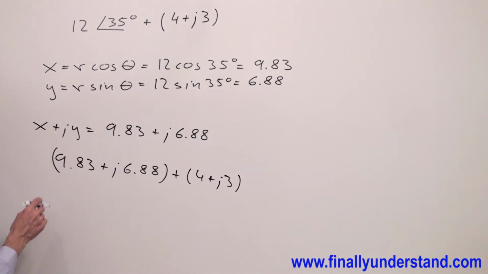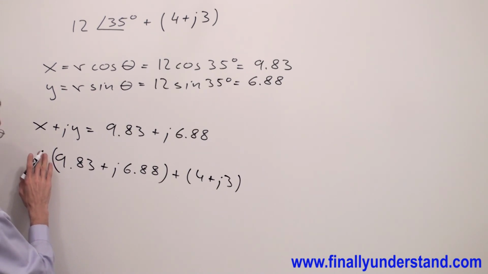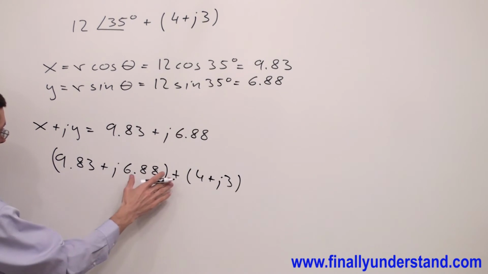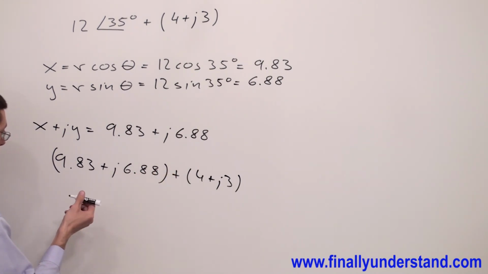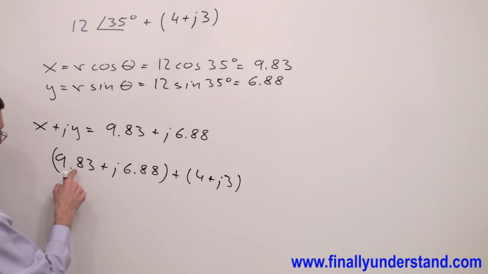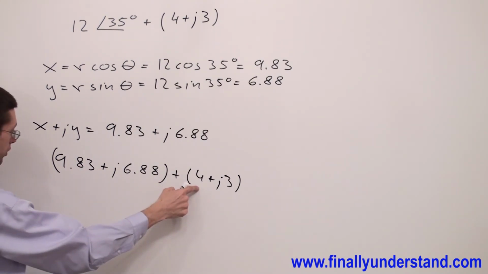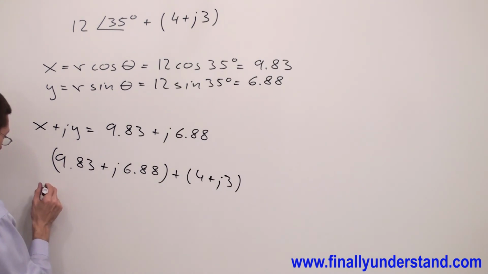So because I have invisible positive sign at the front of these parentheses and I have positive sign at the front of these parentheses, I can simply remove the parentheses and combine the like terms. So I have real number and this is real number, that's why I'm going to write them next to each other.